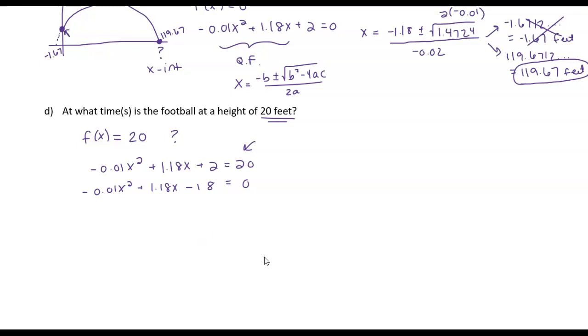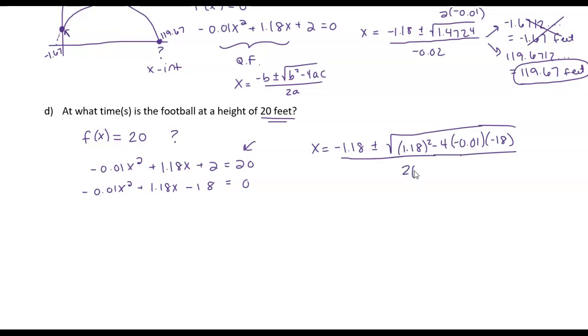So I'm just going to quickly write that out. Okay, so you want to put all your numbers in for your a, b, and your c.